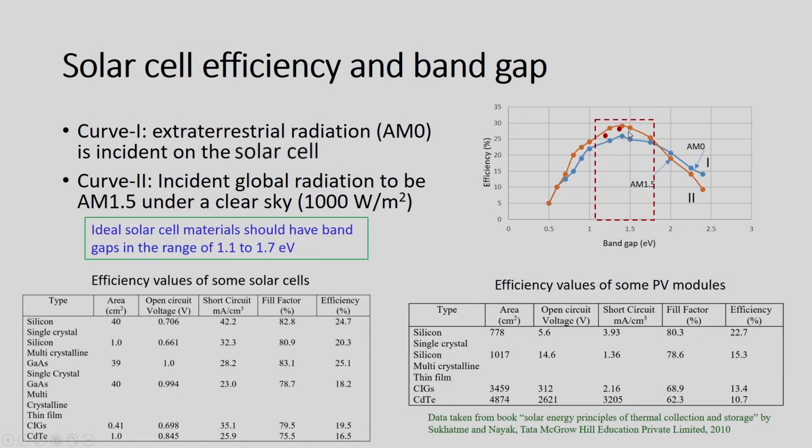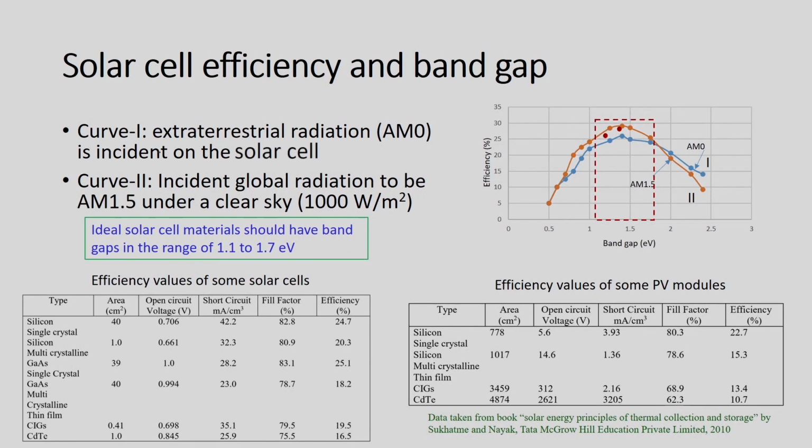Now, let us see how the solar cell efficiency and band gap are related. In this figure, two curves are considered. One curve is generated under the spectrum of AM 1.5 and another curve under the spectrum of AM 0, which is the extraterrestrial region.